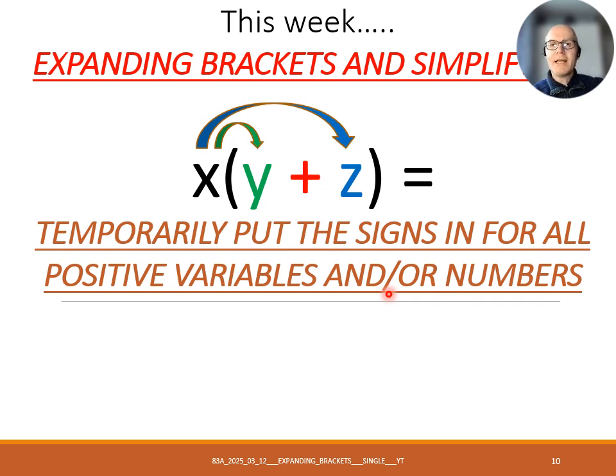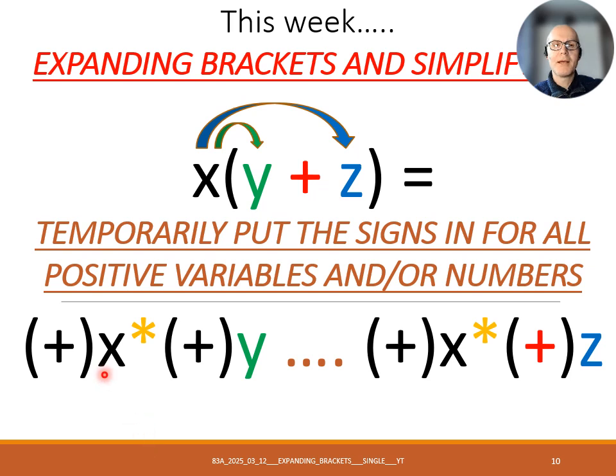The reason for doing this is it makes it clearer whether the multiplier ends up being a positive answer or a negative answer. It reminds you what you're multiplying together: positive times a positive, positive times a negative, or a negative times a negative. Makes it clearer what the sign should be of the resultant answer.